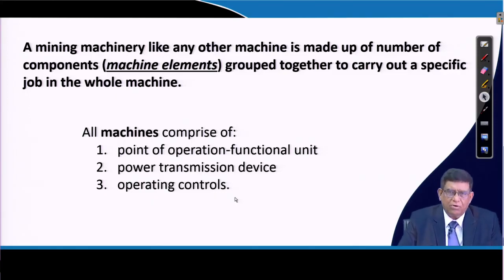Even if you talk of your sewing machine, what is there? The point of operation is the needle, which moves up and down, and that is the main functional unit. There is also a power transmission system.